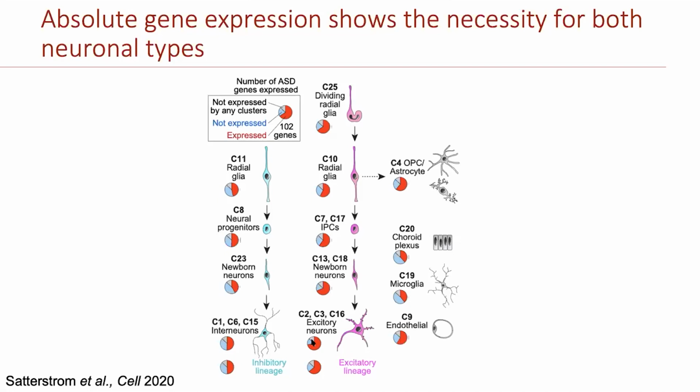And because they're in blue, that means that they are expressed in some of the other cell types. And so if we start off with the theory that the true cell type which causes autism needs to express all of the genes which cause autism, then we find that we cannot do that by these developing excitatory neurons alone. In fact, we need to bring in another class of cells to make sense of this.